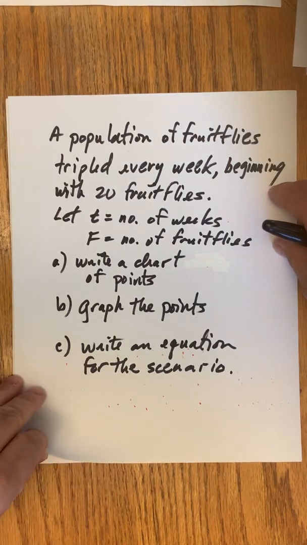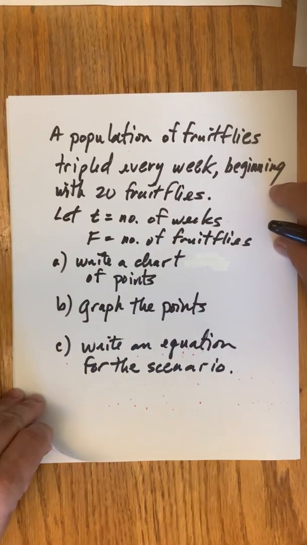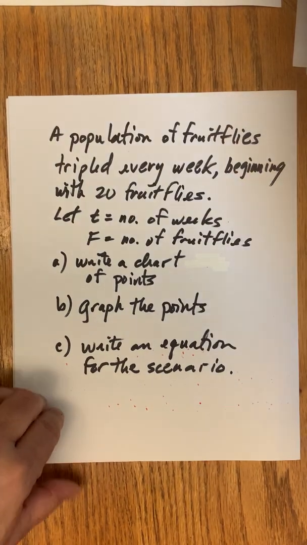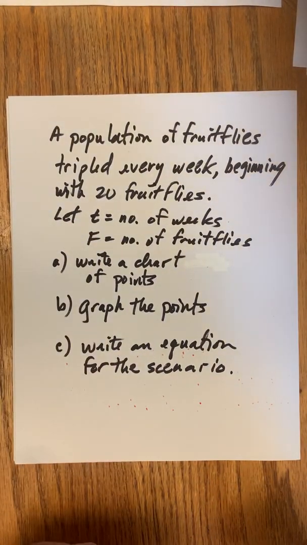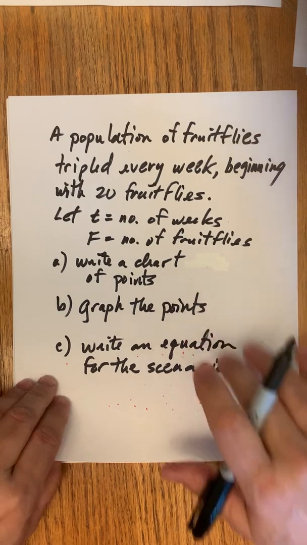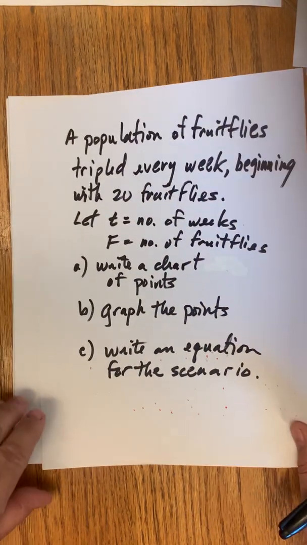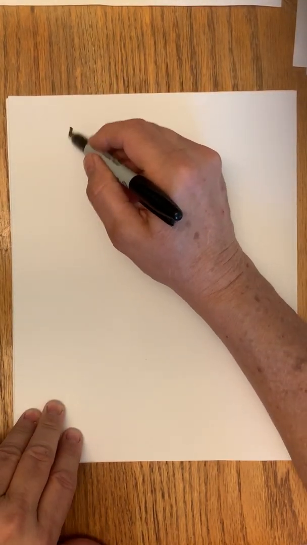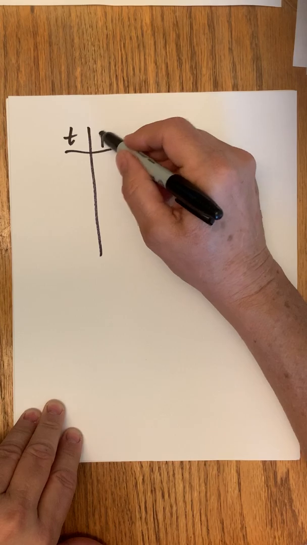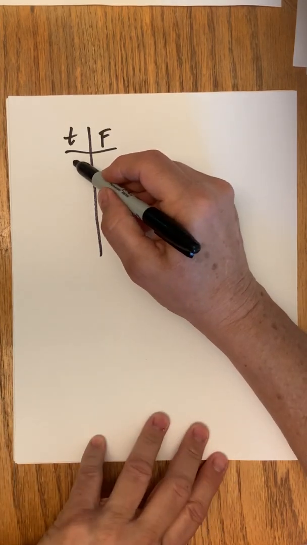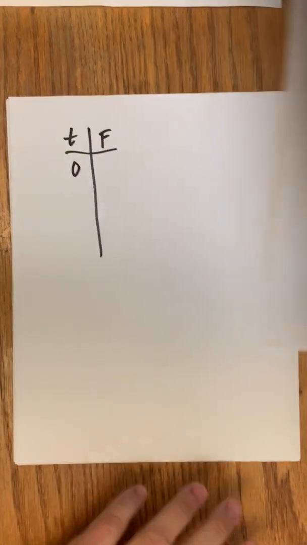So we're going to let T be the number of weeks, and F be the number of fruit flies. We're going to write a chart of points, graph them, and then write an equation that models this scenario. So T is the input, F is the output. At time 0, you have 20 fruit flies.